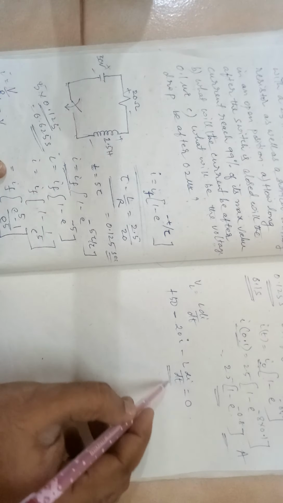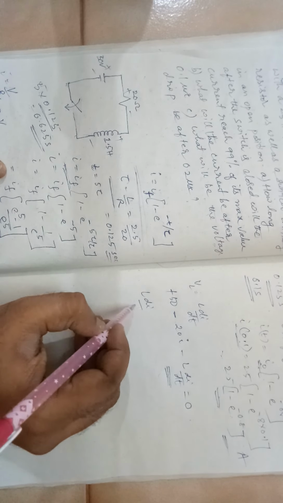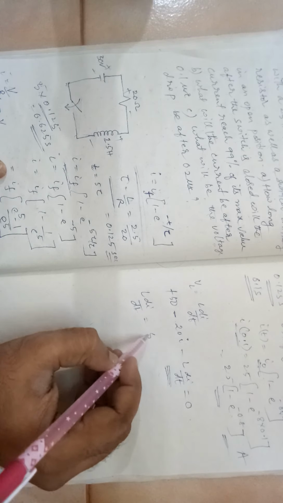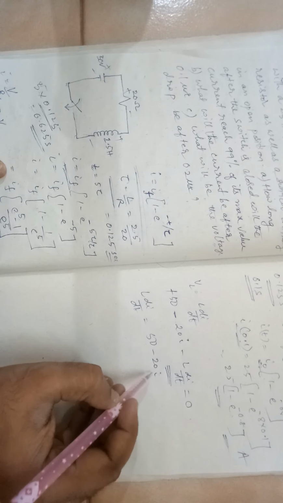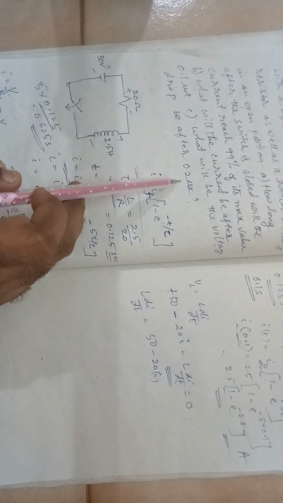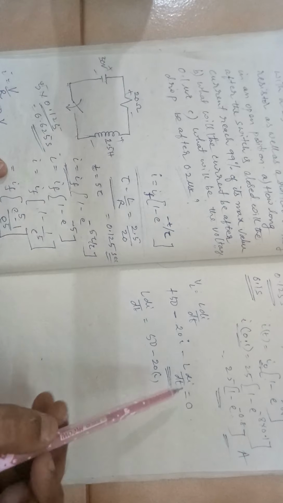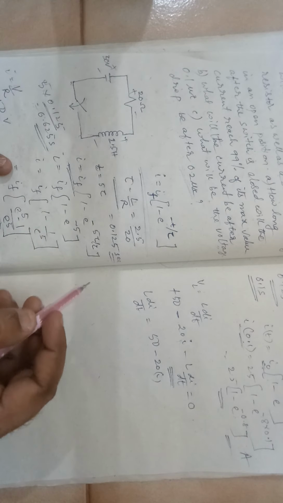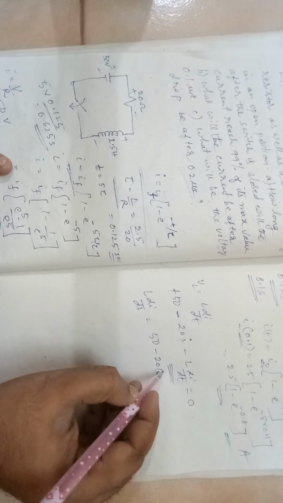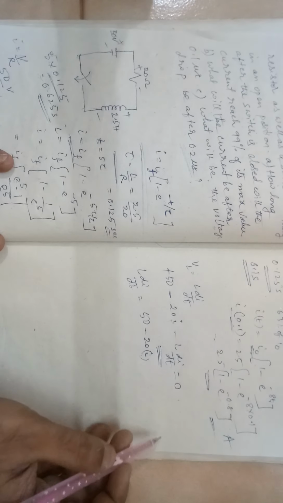So basically we want this value. Take it to the other side: L di by dt will be equal to 50 minus 20 I. Now he has asked the voltage drop after 0.2 seconds. Every moment this current is changing, so we have to find after 0.2 seconds how much current has actually gone.